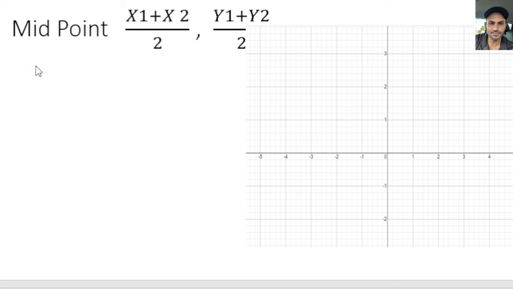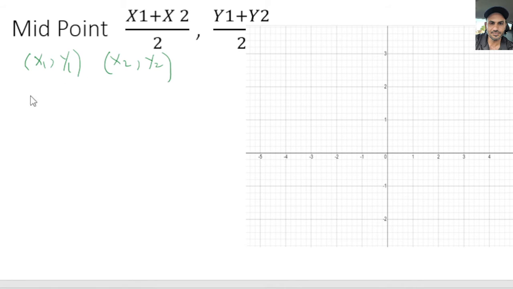Normally you would be provided x1, y1, and x2, y2. So the midpoint would be equal to the average of the x's, which is x1 plus x2 divided by 2, and the average of the y's, which is y1 plus y2 over 2.